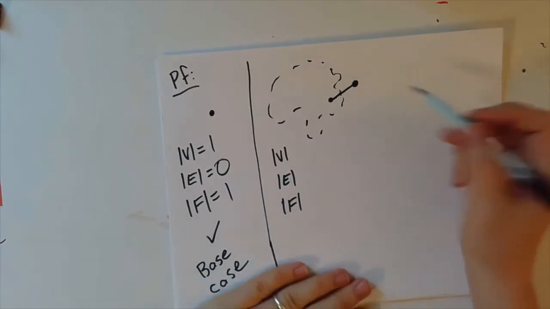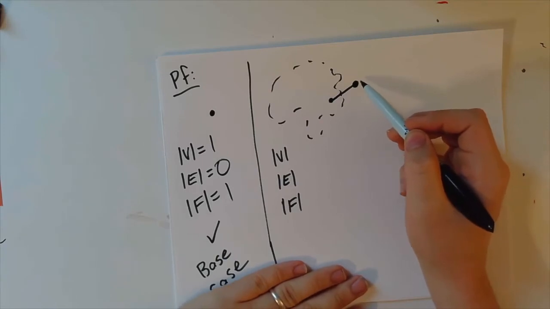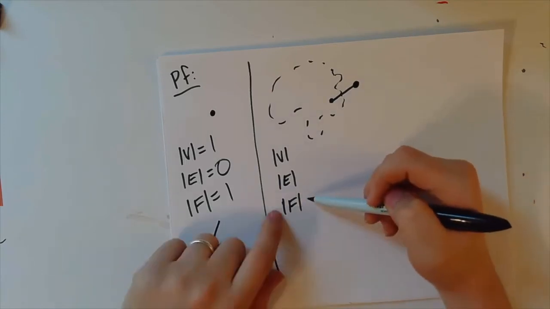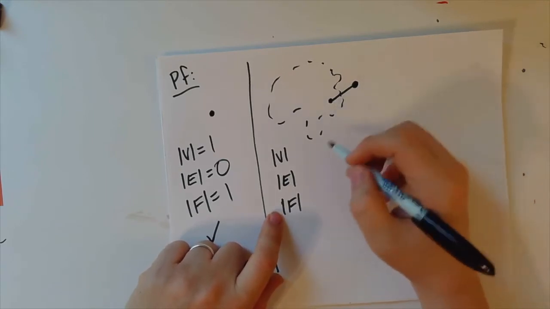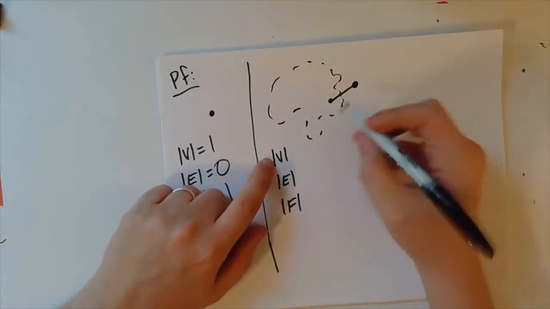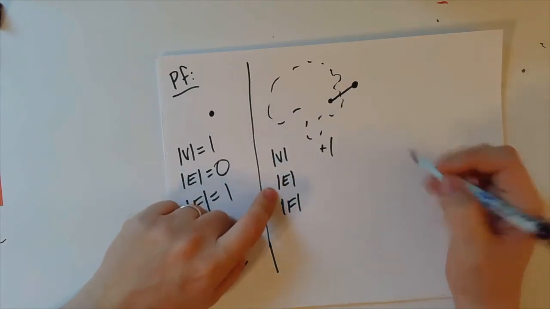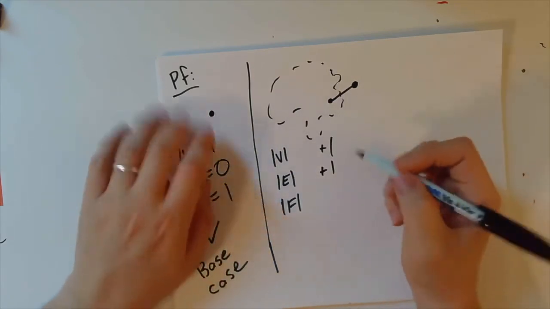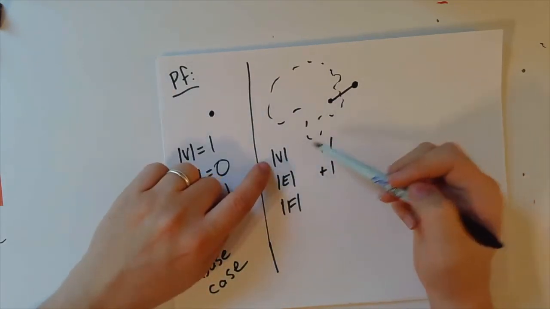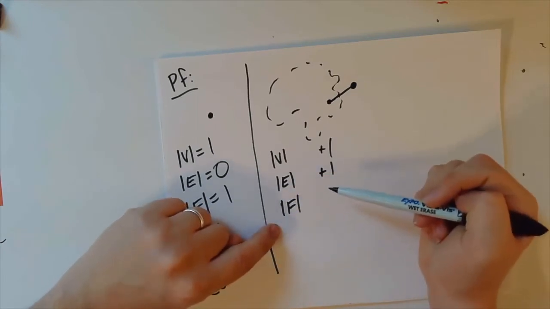And so when I do that, somehow I don't change the number of faces at all, because I just sort of stick this inside one of them. But what did I do to the number of vertices? Well, I increased the number of vertices by 1, but I also increased the number of edges by 1. And so I changed the number of vertices by 1, I changed the number of edges by 1, I did not change the number of faces.